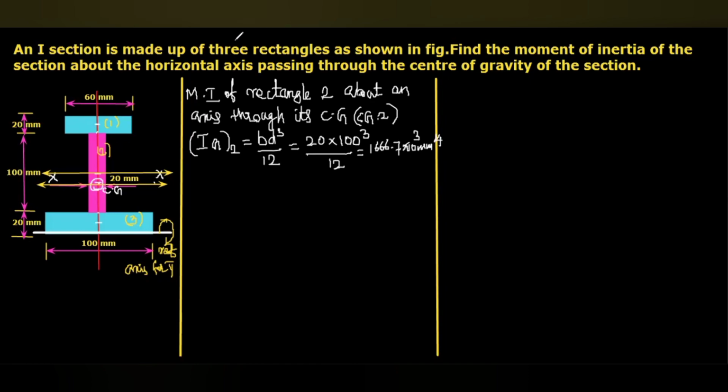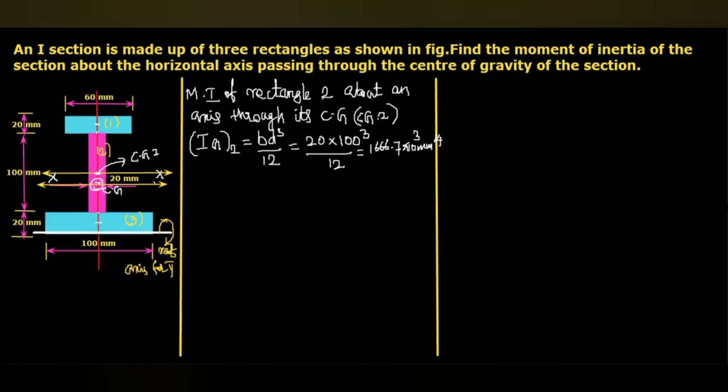Here, this is the moment of inertia of rectangle 2 about this axis, which passes through the center of gravity of the second one, CG2. But we need it with respect to the XX axis passing through the CG. For that, we have to use the parallel axis theorem.